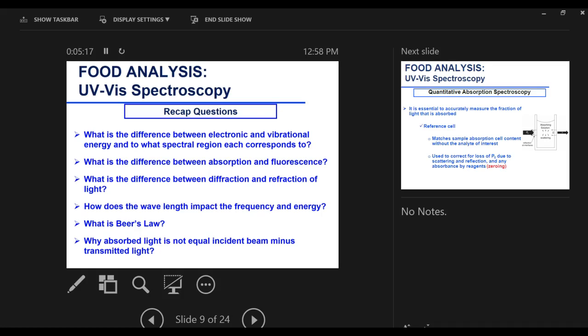What is Beer's law? Well, with excitement. You will sing it, yeah. Beer's law is the equation that deals with the linear relationship between absorbance and concentration.